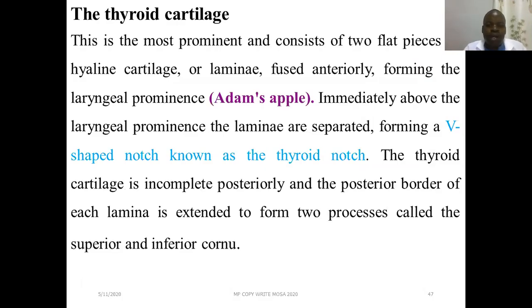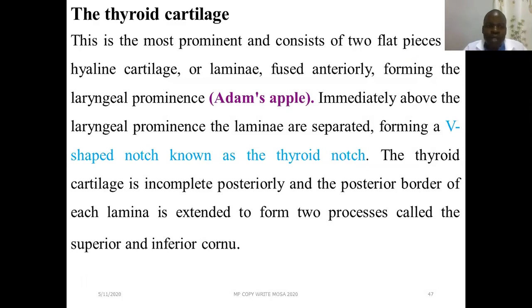The thyroid cartilage. This is the most prominent and consists of two flat pieces of hyaline cartilage, or laminae, fused anteriorly forming the laryngeal prominence or Adam's apple. So the thyroid cartilage is the one that forms the voice box or Adam's apple.